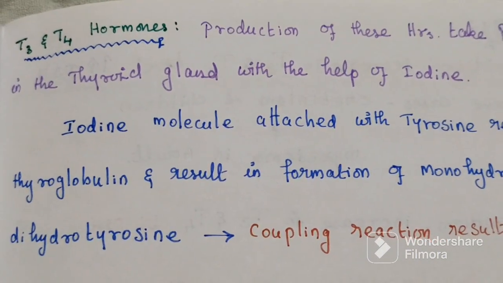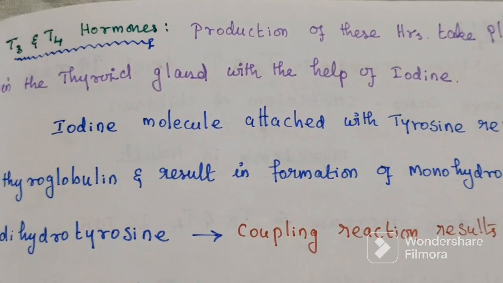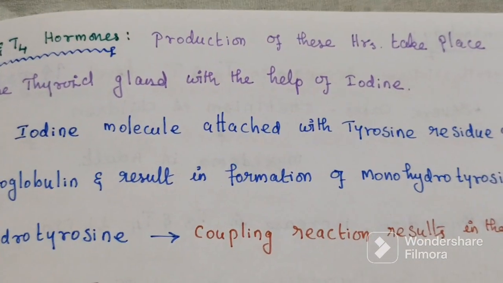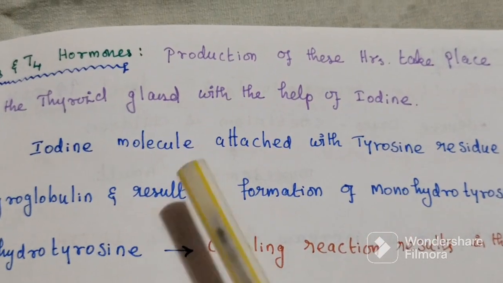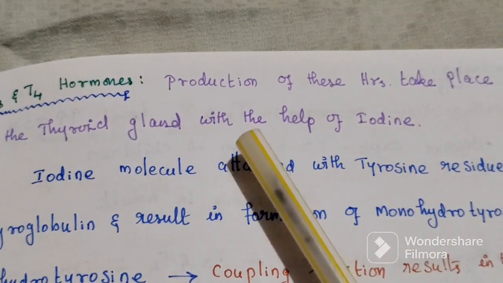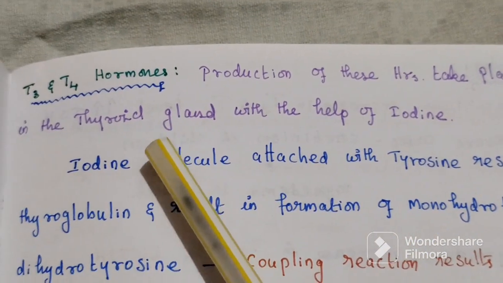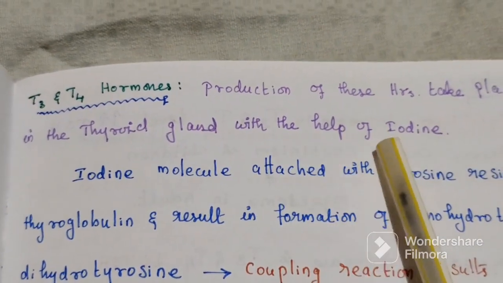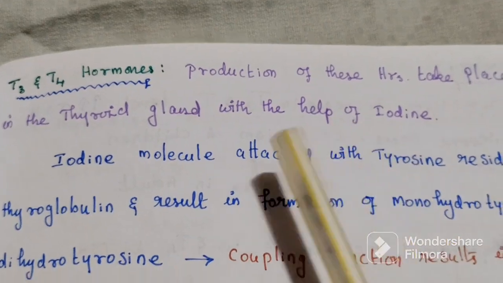Production of the hormones T3 and T4 takes place in the thyroid gland with the help of iodine.